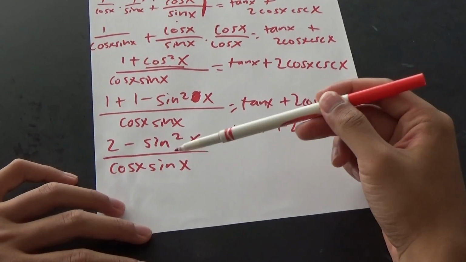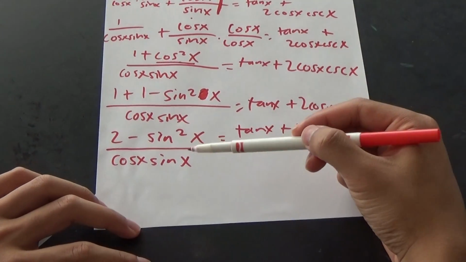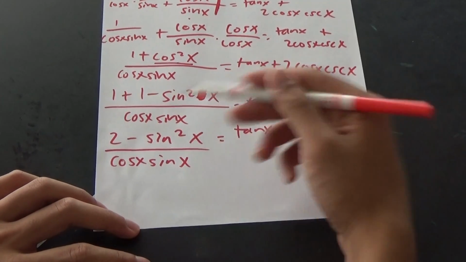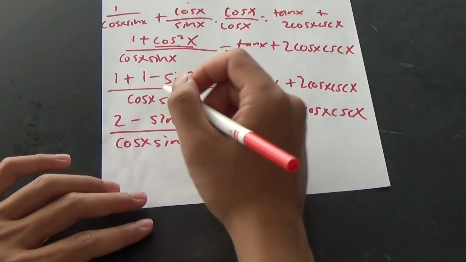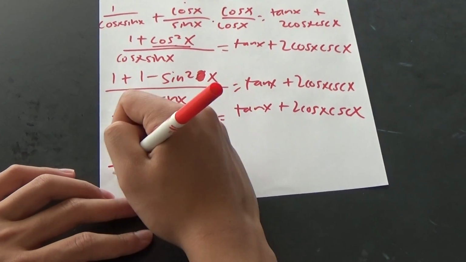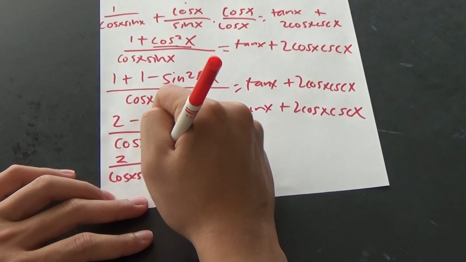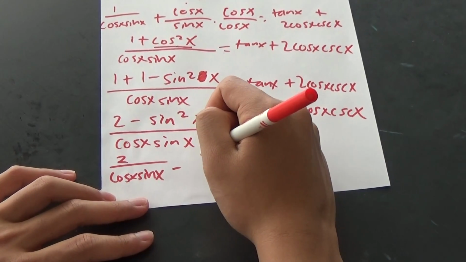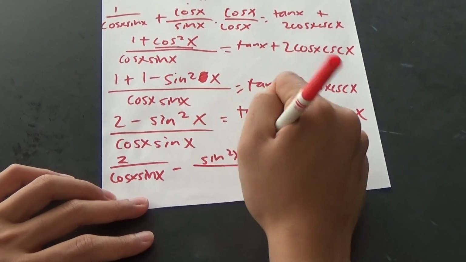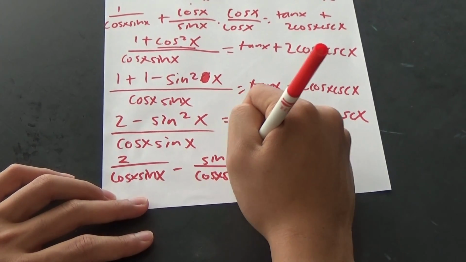And remember what I said last lesson about the denominator. If it's one term, then you can separate it. Separate the fraction, 2 fractions, or however many terms are on the top. So 2 over cosine x sine x minus sine squared x over cosine x sine x.